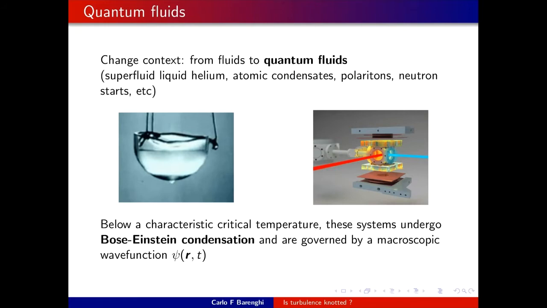But above all, it's very, very cold. Its temperature is only a couple of degrees above absolute zero, so you need special technologies to study it. And on the right-hand side, I stress that the atomic condensates are essentially studied using lasers, like you see here, by trapping a very small cloud of very rarefied gases. So this is our context.